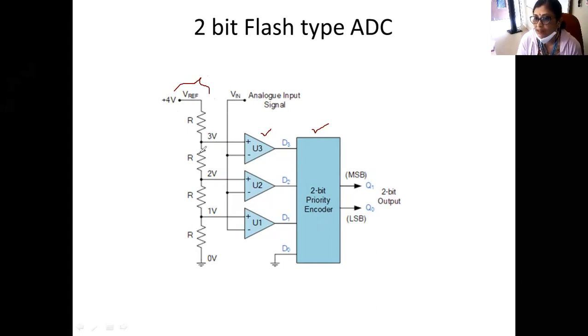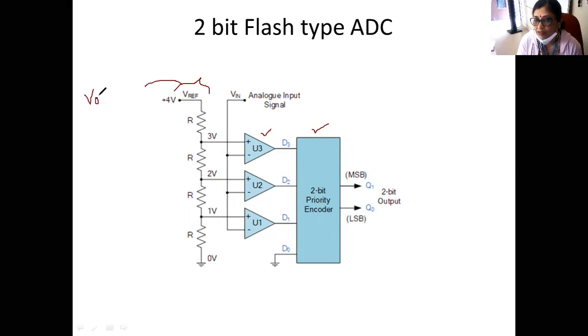So these are resistors which are connected in series, and these resistors act as a voltage divider circuit. Okay. So you can observe that all resistors are of equal value.